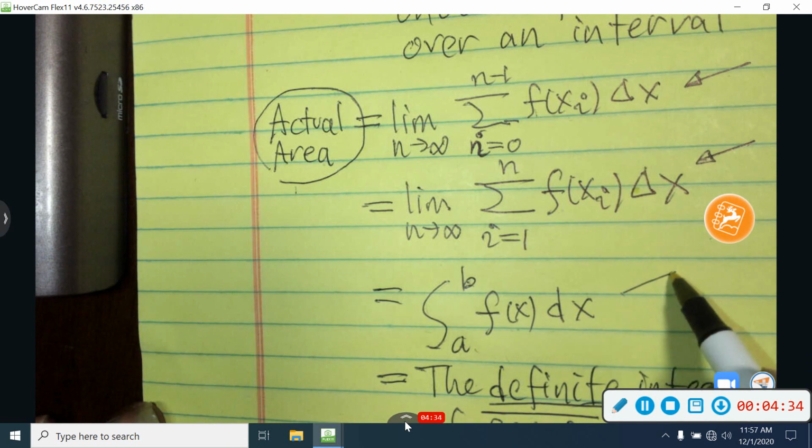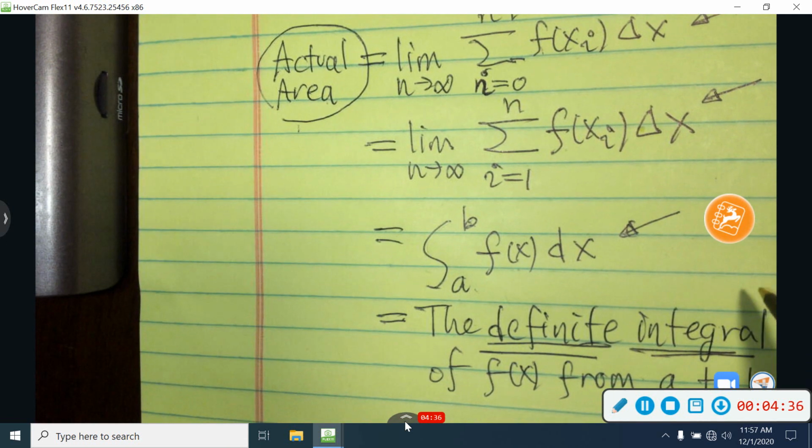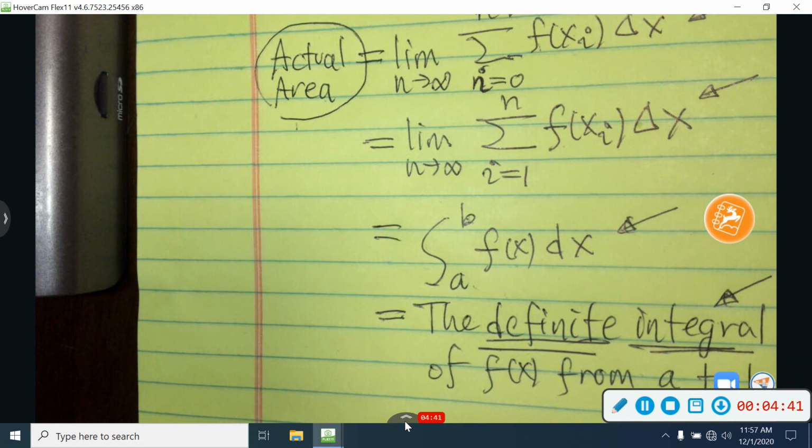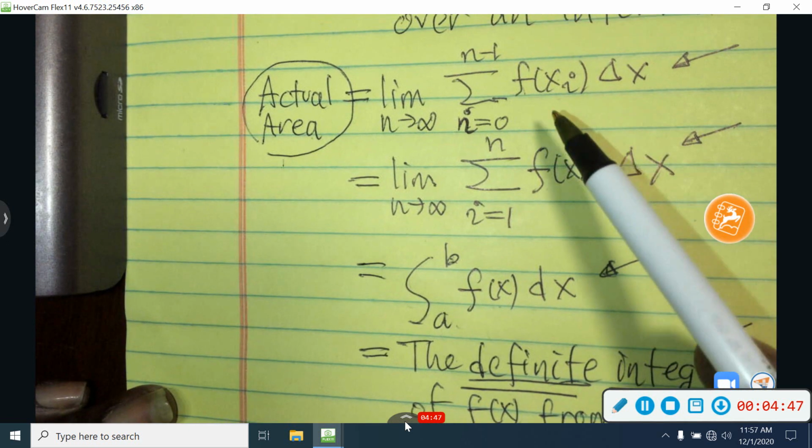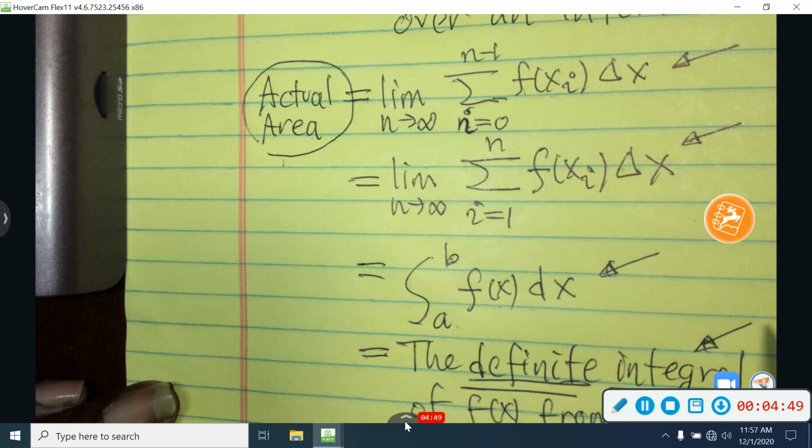Remember, that's been called this, and verbally that's called the definite integral. Well, now we're going to find out a way to find the actual area, except we're going to do it without taking one of these limits.